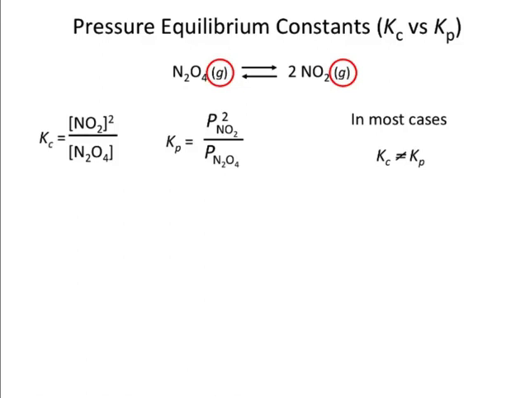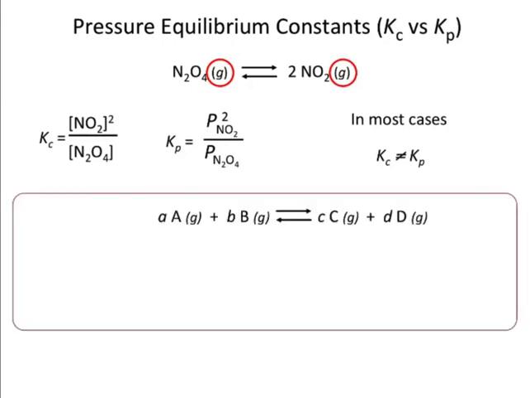And it can be its own thing, and you don't have to do all the RTs and whatnot. But if you want to relate the equilibrium constant in terms of concentration to that in pressure, then you need to deal with the RT. And don't forget, the pressure equilibrium constant still has the product squared because there's a stoichiometric coefficient of 2 in there.